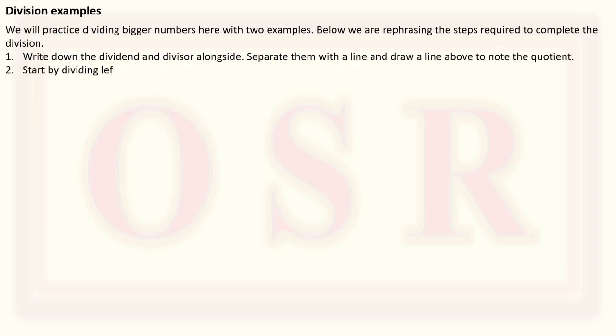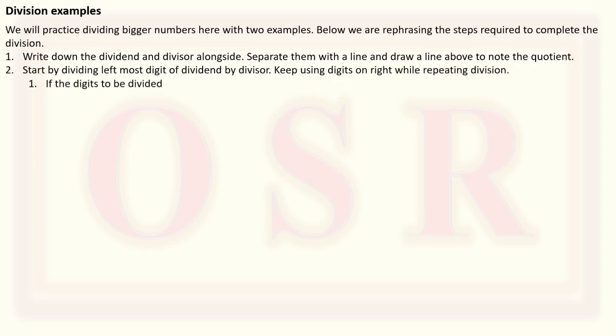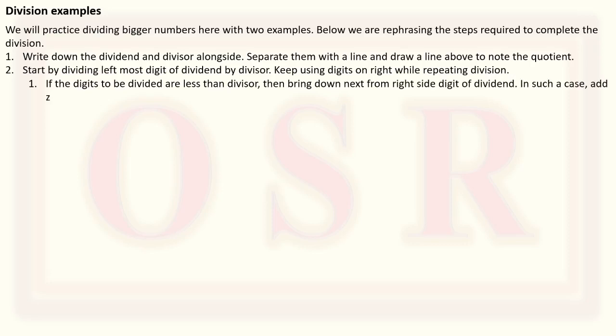Start by dividing the leftmost digit of the dividend by the divisor. Keep using digits on the right while repeating division. If the digits to be divided are less than the divisor, then bring down the next from the right side of the dividend. In such a case, add 0 to the quotient.